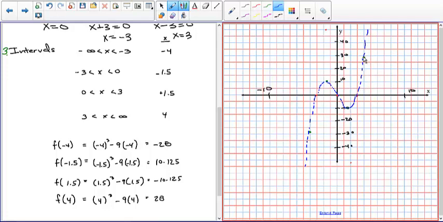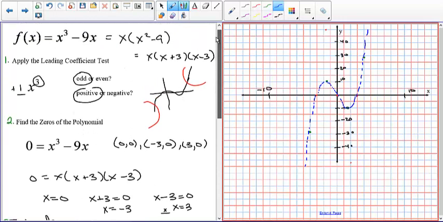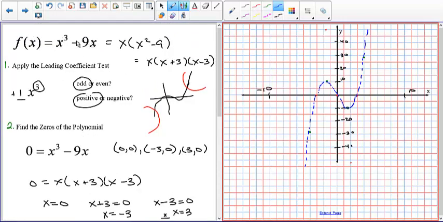So that's our plot: 3 x-intercepts. The y-intercept was 0 because if you set x equal to 0 in the original equation, you get 0 cubed minus 9 times 0. So that's the y-intercept, and it's also one of the x-intercepts.